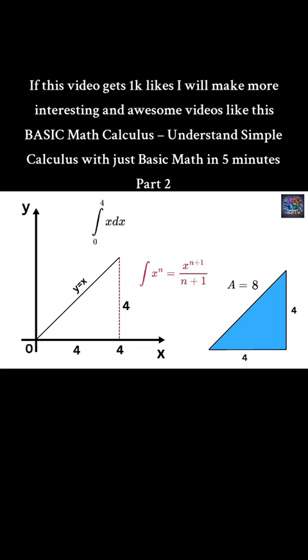We get, this is same as x raised to 1. So the value will be x raised to 1 plus 1 over 1 plus 1, or x squared over 2. Now write it as x squared over 2 minus x squared over 2, and put x as 4 here and x as 0 here. This will give us 16 over 2 or 8, which is the same as what we get using the formula for the area of the right triangle.